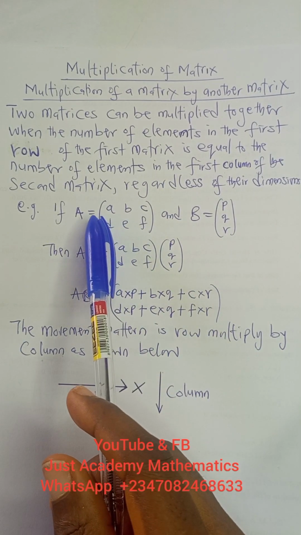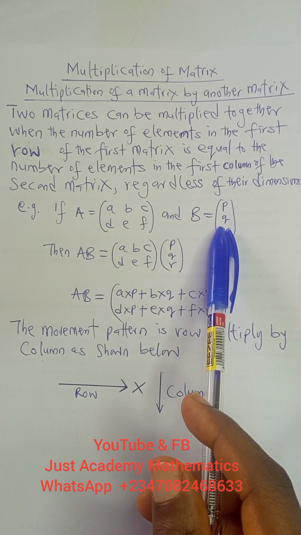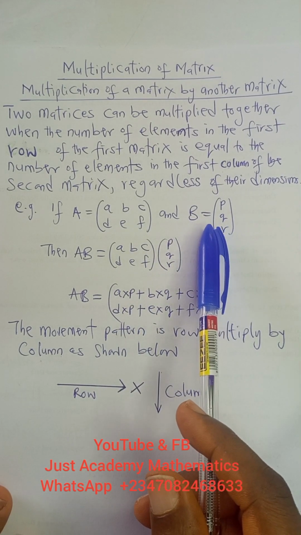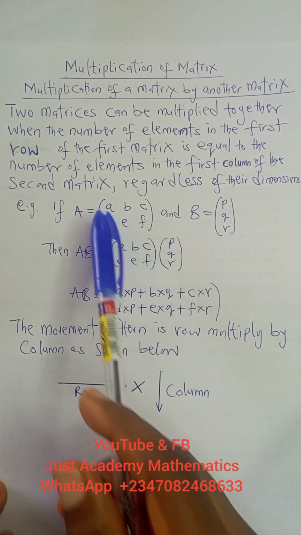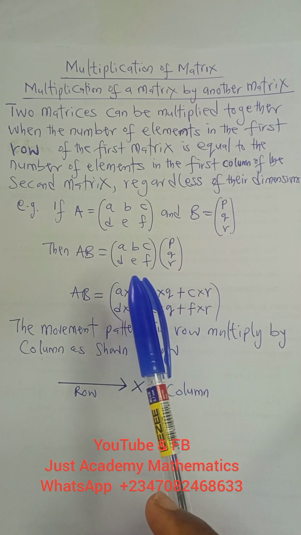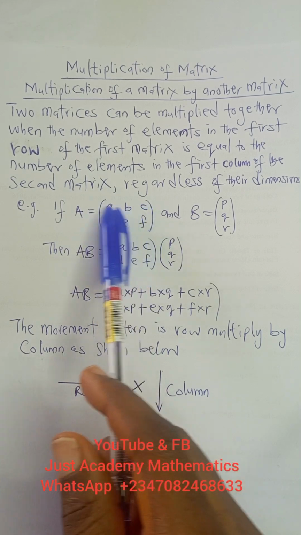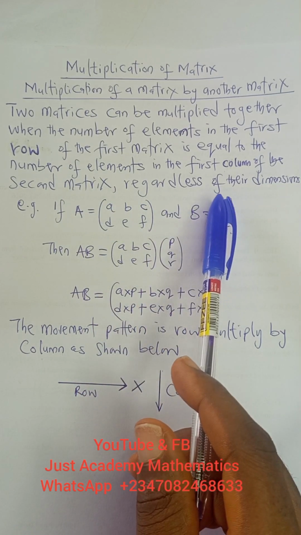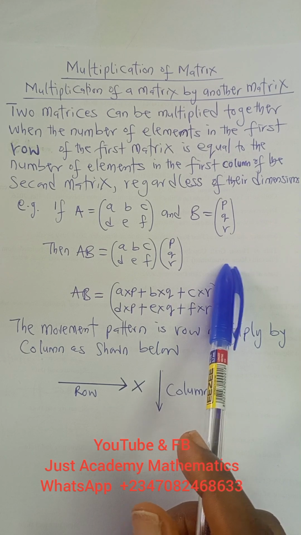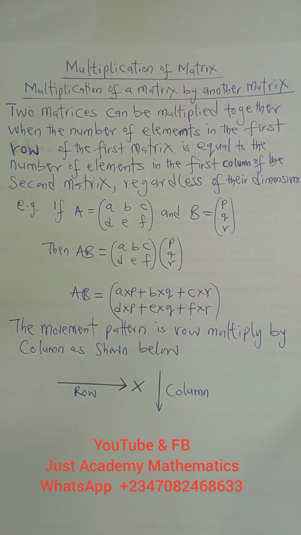So assuming we are asked to add this now, it's not possible, because this is a 2 by 3 matrix, while this one is a 3 by 1 matrix. So you can't add. But for multiplication, you can multiply only when the number of elements in the row is equal to the number of elements in the column. Do you get what I'm saying? So this is how the operation works. You will get more as we take examples.